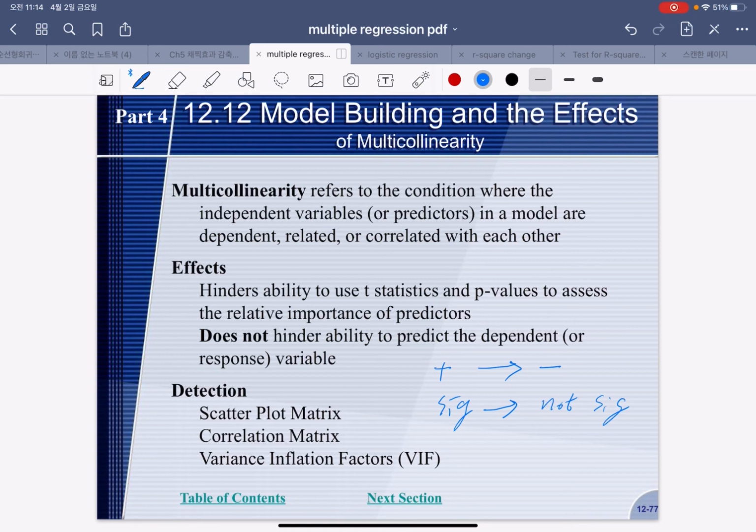This type of thing can happen, so you always need to check whether your model has this problem. I'm going to show you how to check this. If there exists a multicollinearity problem because two independent variables are correlated with each other, then you should consider dropping one of the independent variables.